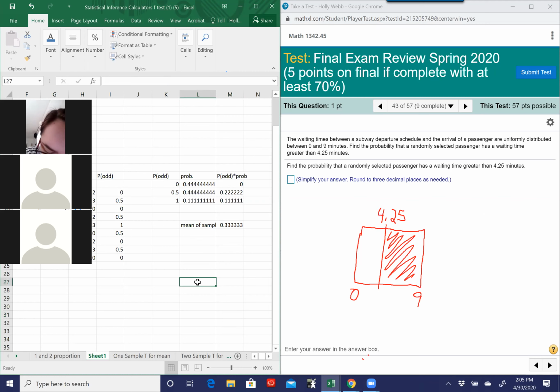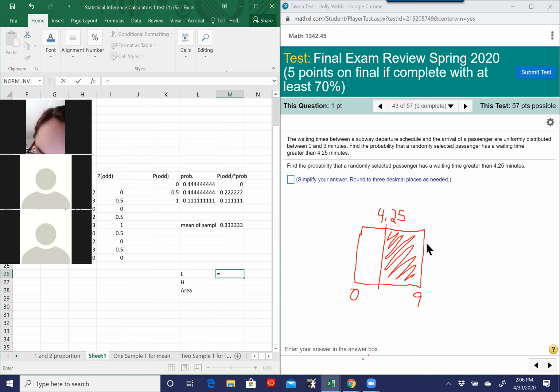We need a length, we need a height, and then we need to find the area, and the area will be the same as the probability, just like in a normal curve, okay? Our length should be fairly easy to find. The length of the shaded rectangle that Michaela drew, how do we find that?